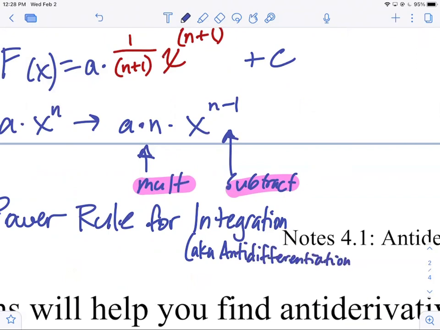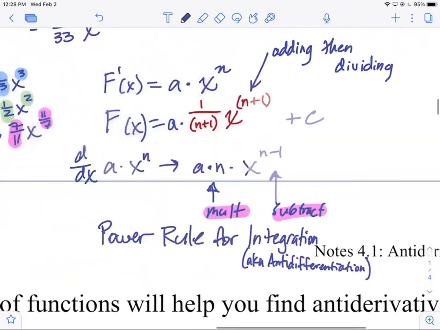Yeah. Okay. Derivative is multiply and subtract. So going backwards, add first, then divide, or multiply by the reciprocal. And then the constant just goes along for the ride. And then once you have everything in front, you can combine the coefficients.